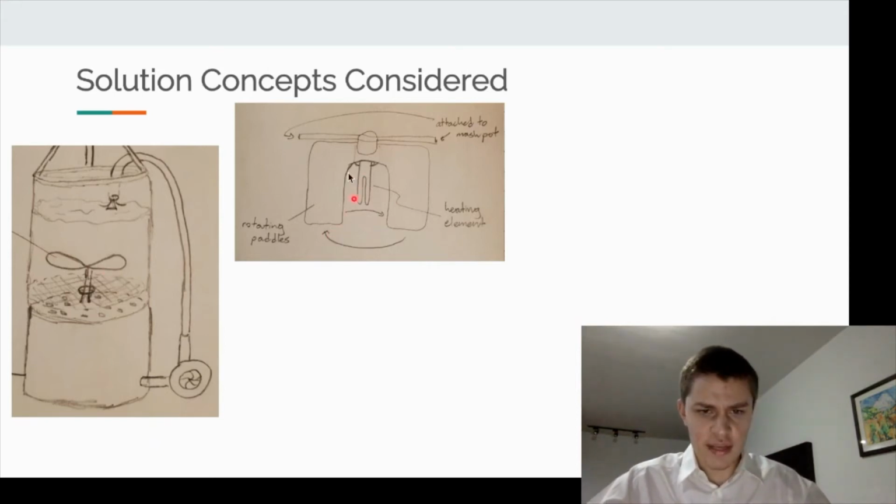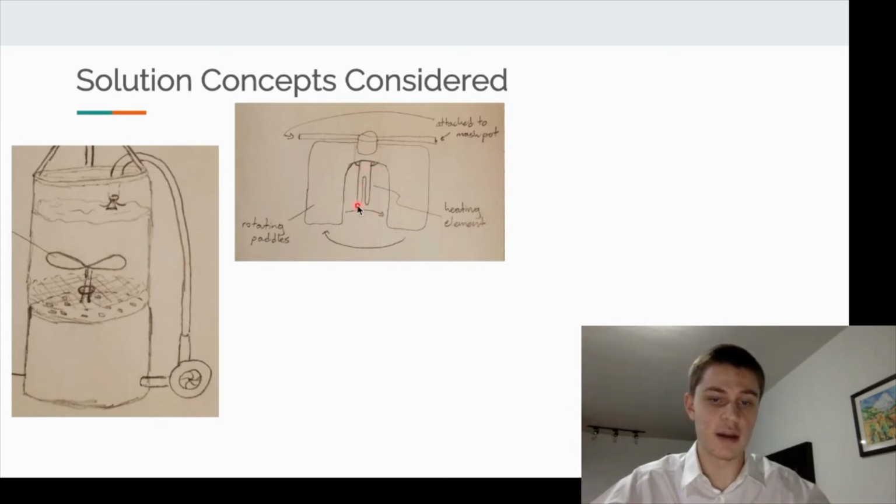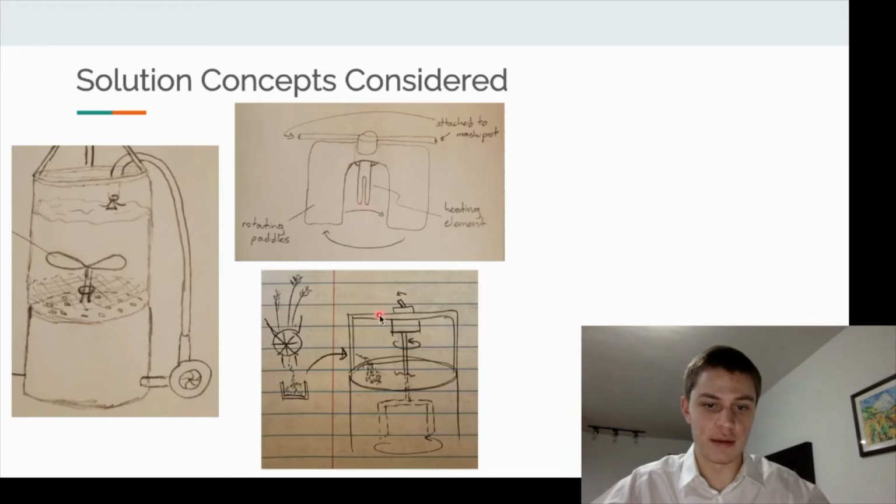But we brought this idea to our customers, and they said that they didn't think it was a good idea because being in direct contact with a hot element could burn the mash or cause inconsistencies in the sugar release. So we decided to strip that idea and create a stir that only had the paddles.